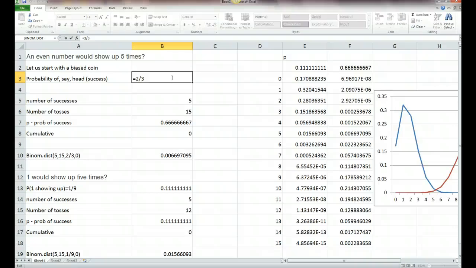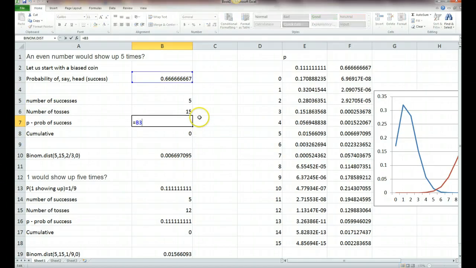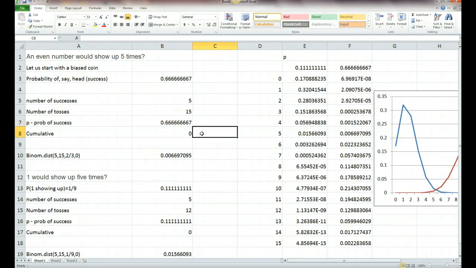Now, to enter into the binomial distribution function, we have the number of successes, which is 5, the number of tosses, 15, and the probability of success, which is the same as what we just calculated. It's entered as equal to that number, and cumulative is 0 because we are not calculating a cumulative probability.